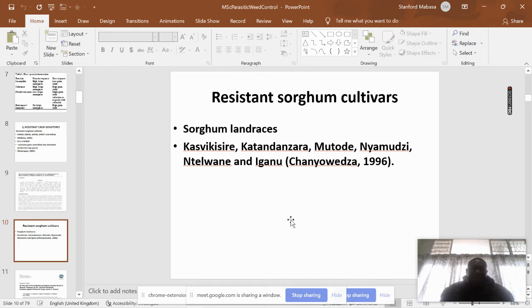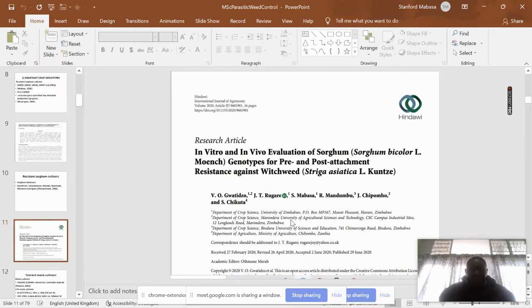They appeared to show some tolerance or resistance to Striga asiatica infection. Now, there's a paper by Gwatidzo which has also demonstrated that there are some sorghum genotypes with Striga resistance and also tolerance.